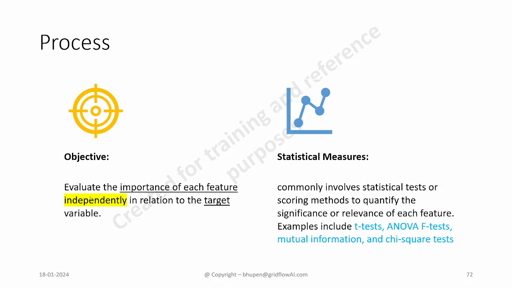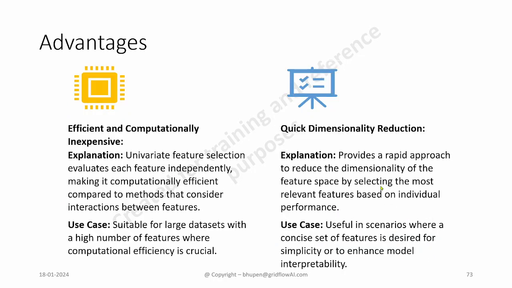Most of the methods used in univariate feature selection are statistical in nature, mostly hypothesis testing. I've listed a few of them: t-test, ANOVA, f-test, mutual information, chi-square test. We'll be covering a few of them in our video.